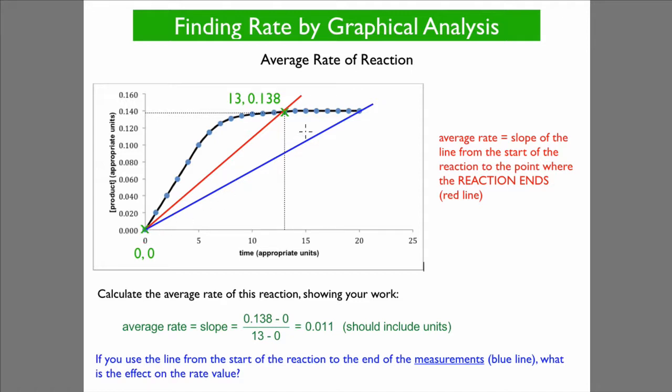This blue line. What was the effect of the rate value? Have a think. Well, that's right, the slope is less steep, and so the rate would decrease. It's going to be lower than it should be. And that's why you've got to find the correct place where the reaction actually stopped.